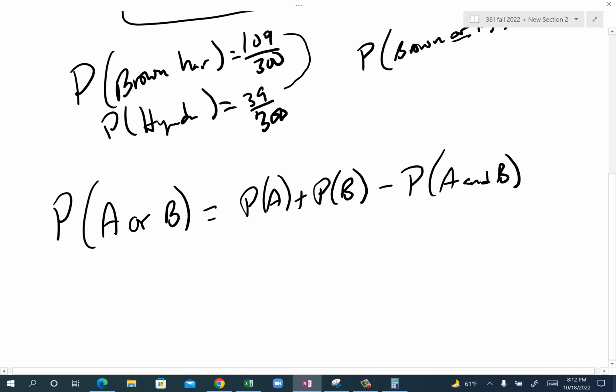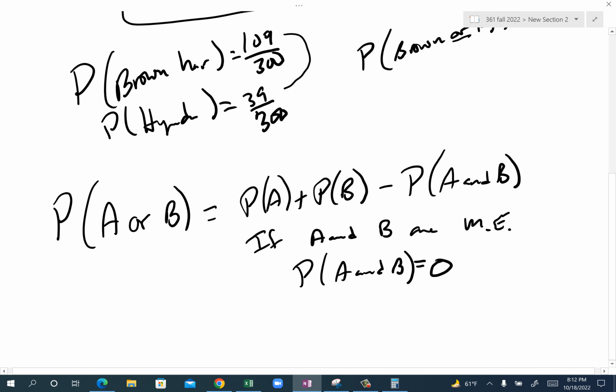Well, I did if they were mutually exclusive. If A and B are mutually exclusive, then the probability of A and B both happening is equal to what? 0. And at that point, it just becomes this right here.